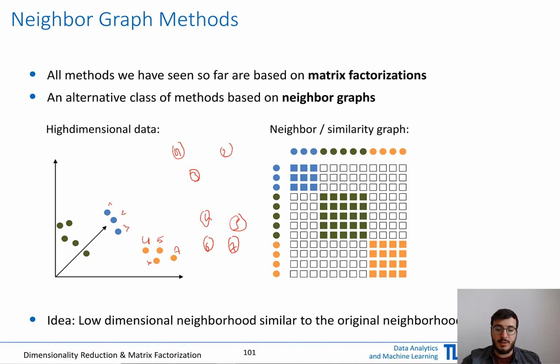We can imagine that these are nodes in a graph, and each node is connected with an edge to each of the other nodes, where the strength of this edge is proportional to the similarity. So if two data points have high similarity, then the edge connecting them will have a high weight, essentially. So these data points also are very close to each other in the original data space, so they have an edge which has a high weight.